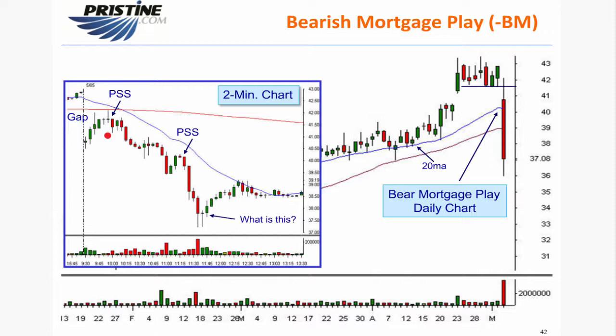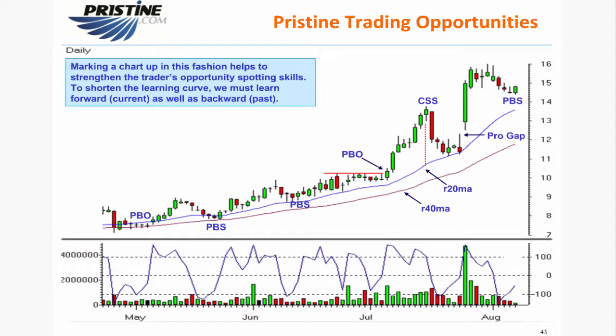If you did enter right off the open, this is why you need to be putting your stop up at higher levels, so that if it does try and rally up into the gap fill, you're not getting caught in that retracement. Here we can see a number of different opportunities, whether it be a breakout, a PBS, a climactic sell setup, or a professional gap mortgage play.